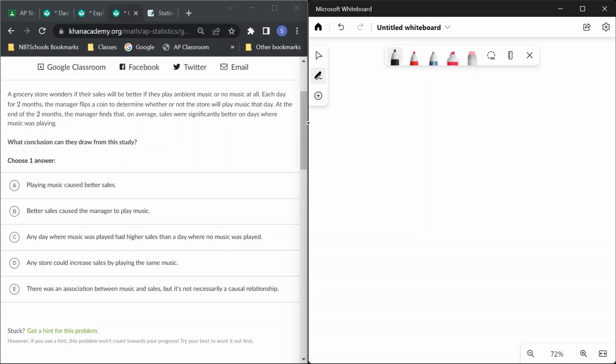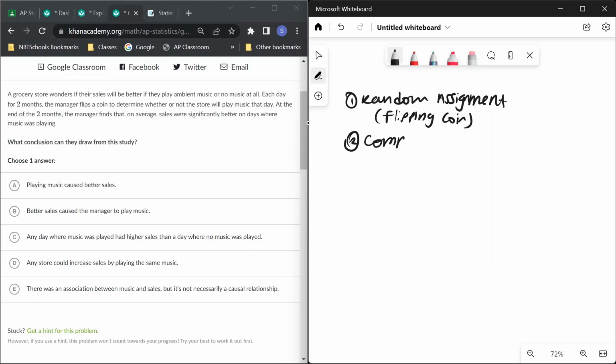Oh my god. Okay. So again, experiment. Each day for 2 months, the manager flips a coin. So there is random assignment. It's flipping the coin, completely randomized.